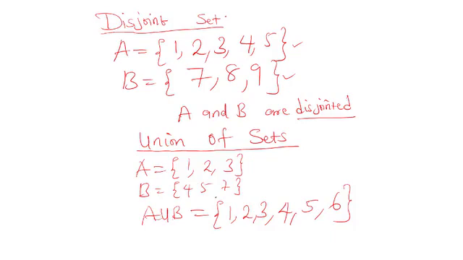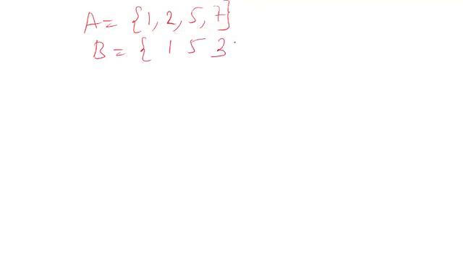Just writing down everything. But there's one thing I want you to know when you're writing union. Let's say for example, you now have A to be equal to 1, 2, 5, 7, and your B being equal to 1, 5, 3, 2.